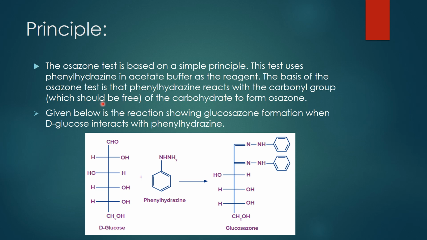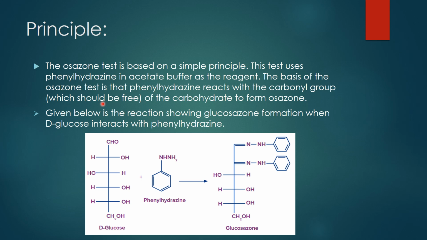In reducing sugars, the carbonyl group will almost always be free, so they can reduce and oxidize other compounds. Because of that, they are reducing sugars. If there is no free carbonyl group in the sugar, that means it's a non-reducing sugar.